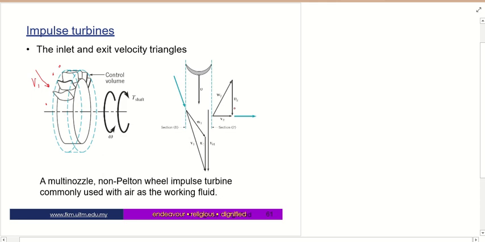Okay, so it's the same principle: relative velocity plus blade speed equals absolute velocity. So this is the velocity triangle for this kind of impulse turbine.